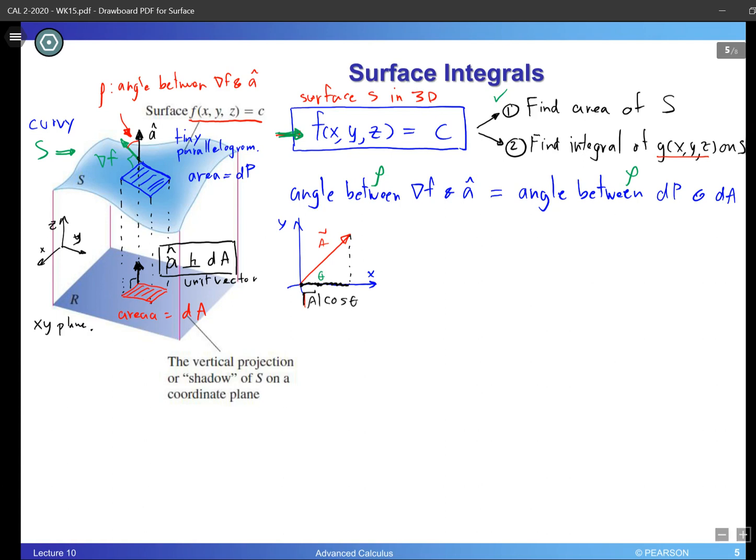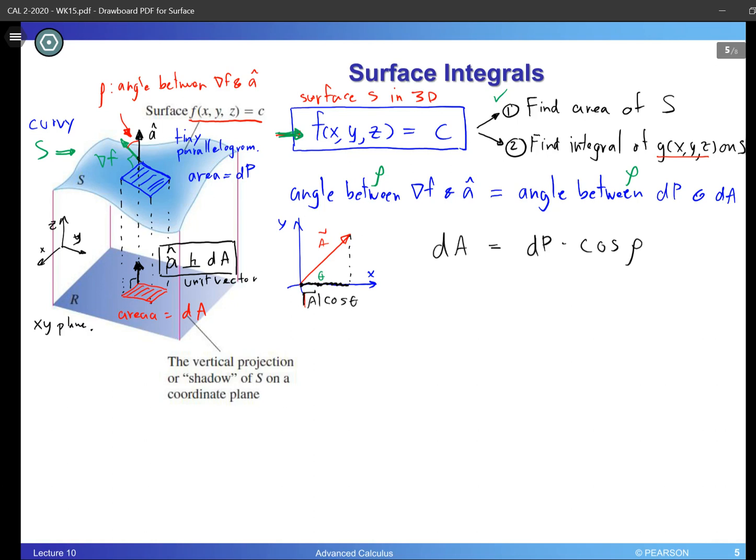Let's take a look here. The area of the projected piece, dA, is going to be equal to the area of the original piece, dP, times the cosine of the angle between them, and the angle between them is rho. So we have this relationship between them, dA equal to dP times cosine rho.